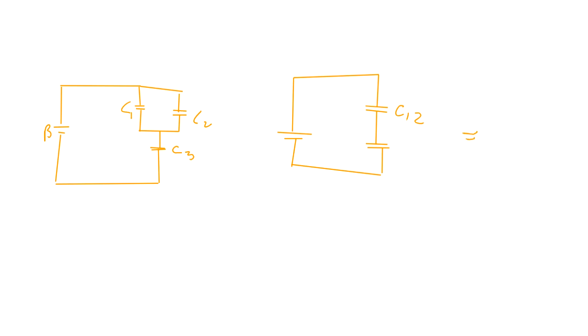Now you can also then make this into an equivalent circuit with the battery and one capacitor, where this is the battery and this is C123, and C123 is C equivalent.